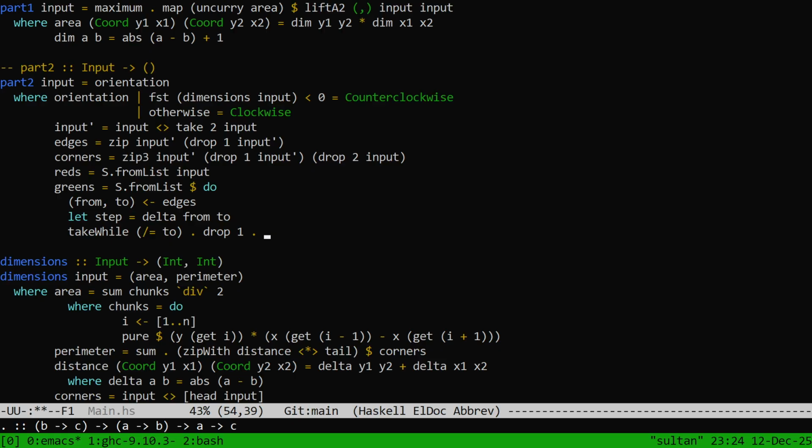Does that make sense? And then at the end, I would just remove from the candidate blacks all the reds and greens. Yeah? I guess I could do that.